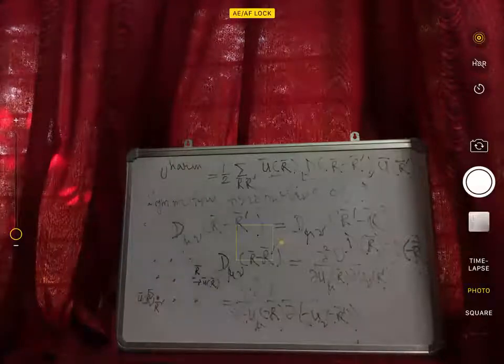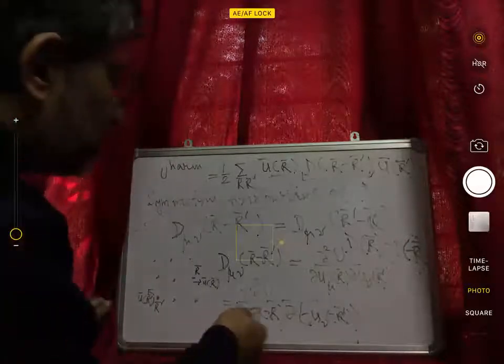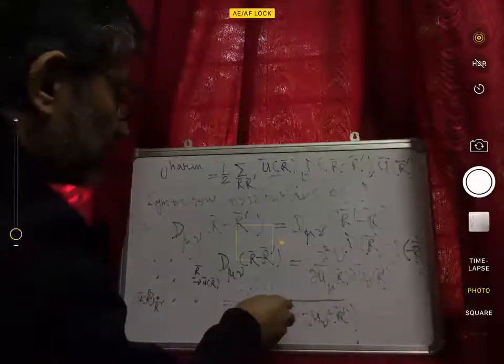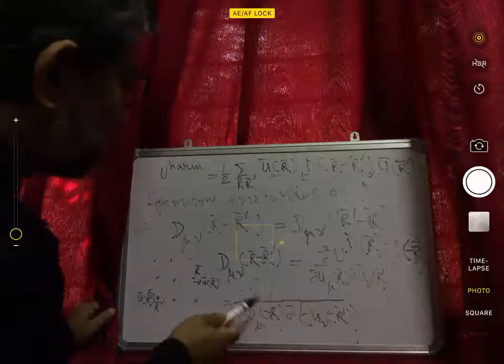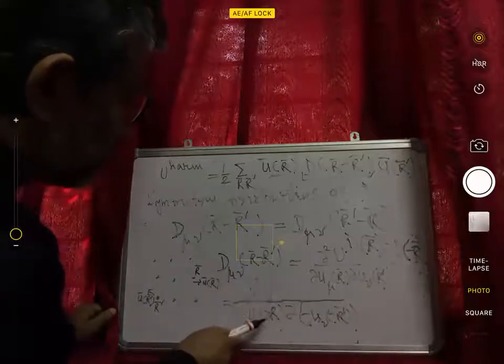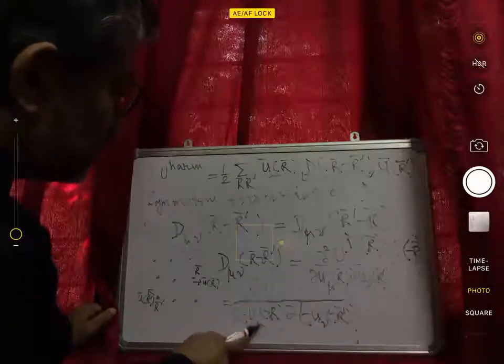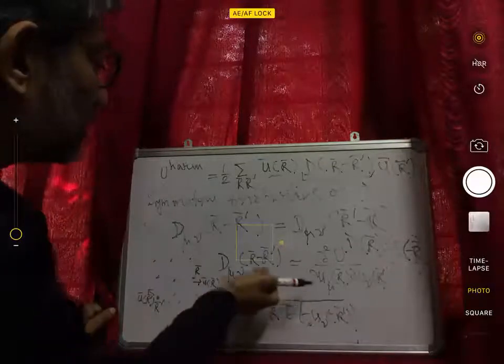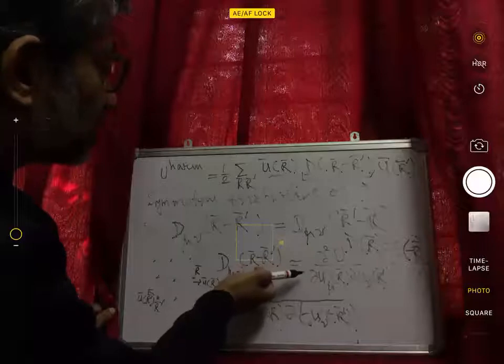All right. Now these two minus signs will of course cancel each other. So what you are left with is the second derivative of the energy with respect to u mu at minus r and u nu at minus r prime, which is nothing but interchanging the signs of these two.